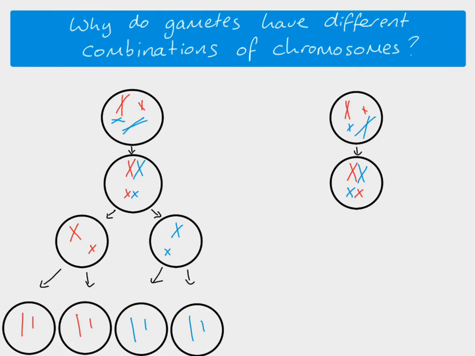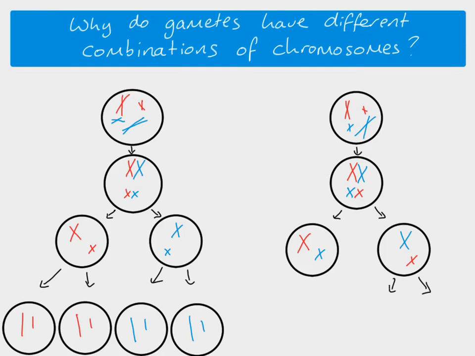So what that means is when anaphase takes place, the chromosomes get separated in a different way to the way they got separated over here. And already you can see that we've got variation. This cell has one red and one blue, one blue, one red.